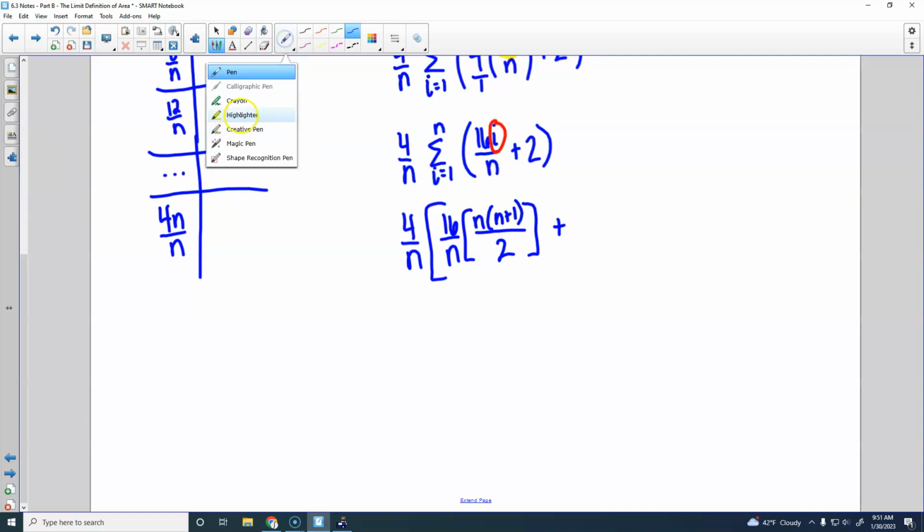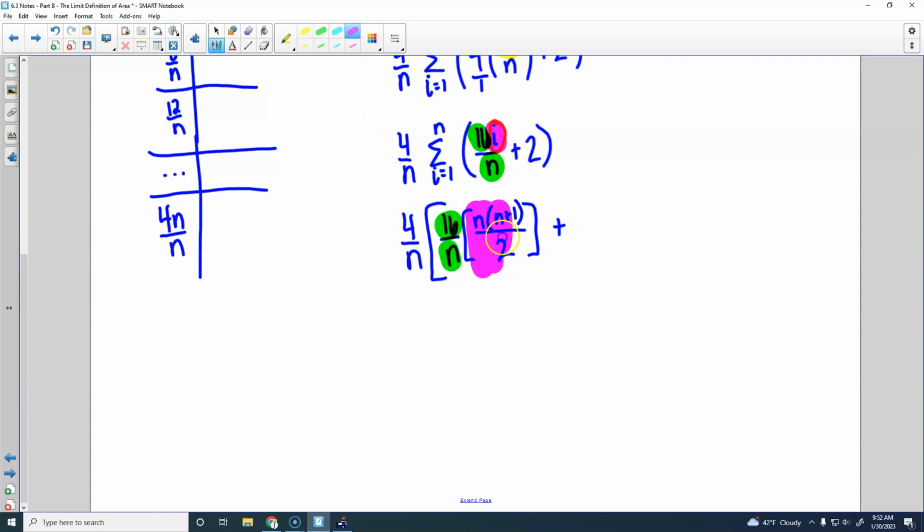These two pieces, the 16 and the n, that's where they go. And then this part is our shortcut rule for the sum from 1 to n of I. Then we also have to do the shortcut rule for that 2. If I'm doing the sum from 1 to n of 2, just the number 2, what do I get over here? 2n.